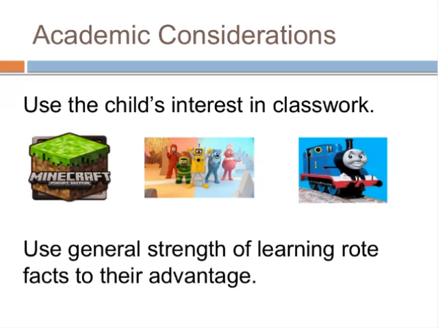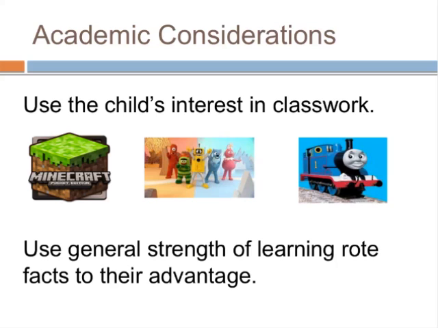In fact, you can Google using Minecraft in the classroom and get tons of articles about how teachers are incorporating this into their learning. Yo Gabba Gabba and Thomas also hold high interest for some kids with autism. The point being, use what interests them to grab their attention, make something more relatable to them, and work it into your lesson plan if possible.